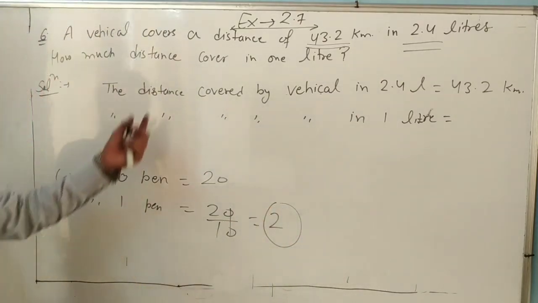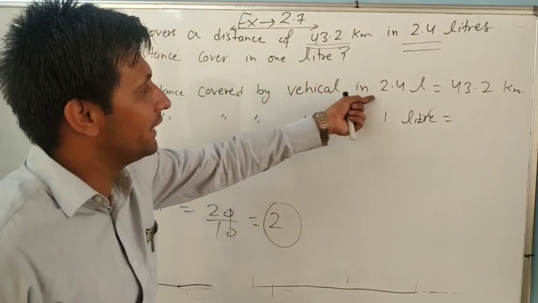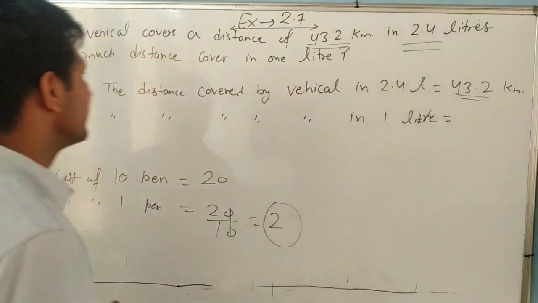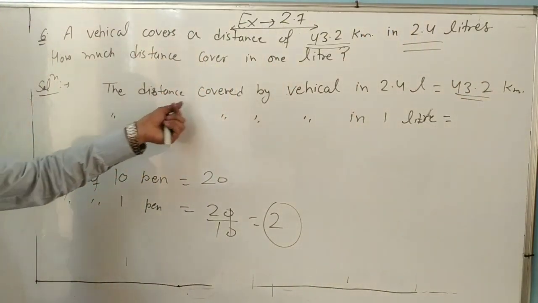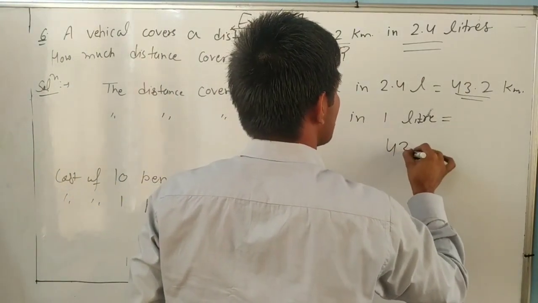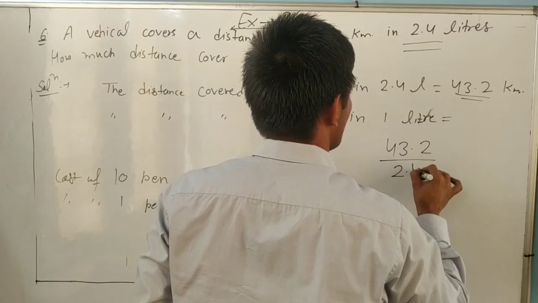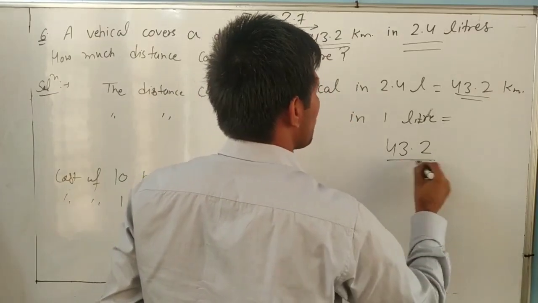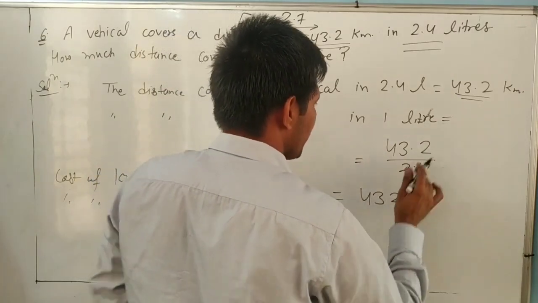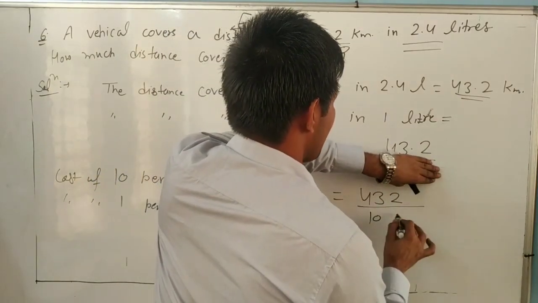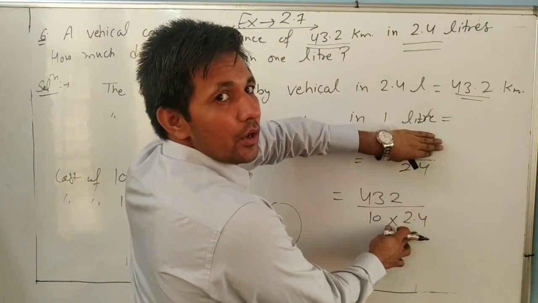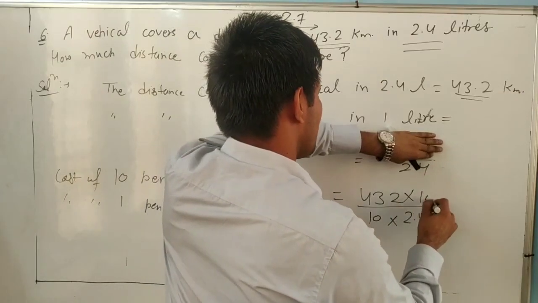First we will find how much distance is covered by the vehicle in 2.4 liters. It is already given, 43.2. Distance covered by the vehicle in 1 liter. So we will write 43.2 divided by 2.4. So we remove the decimal of this one, it is 10. Now multiply by 2.4, and when we remove the decimal of 2.4, the 10 goes on the numerator.